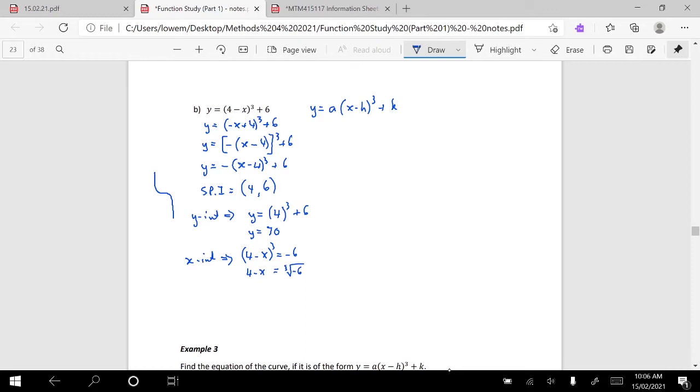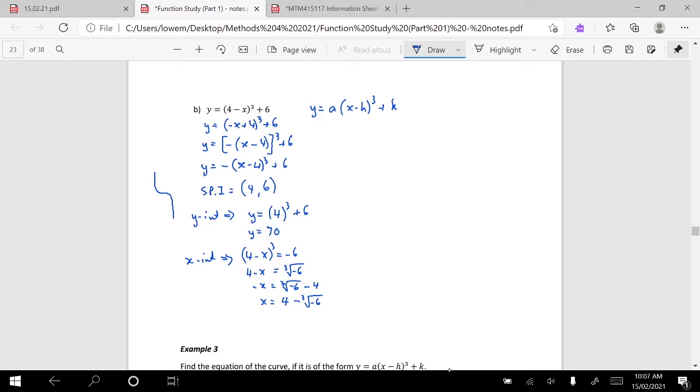We'll just leave it as an exact value. And then we have negative x equals the cube root of negative 6 minus 4, and then multiply throughout by negative 1. So we have x equals, this will become positive 4, and then minus the cube root of negative 6. That's our answer as an exact value.